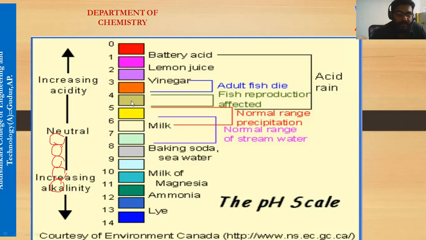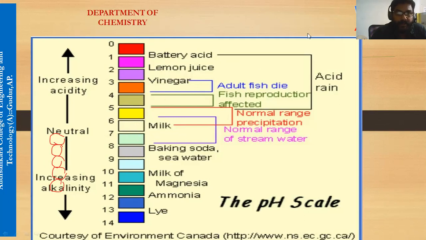Toward the lower end, acidic nature increases: battery acid, lemon juice, vinegar. And here are milk of magnesia, ammonia, and the like. 7 is neutral, right? 7 is neutral, no acid, no base.